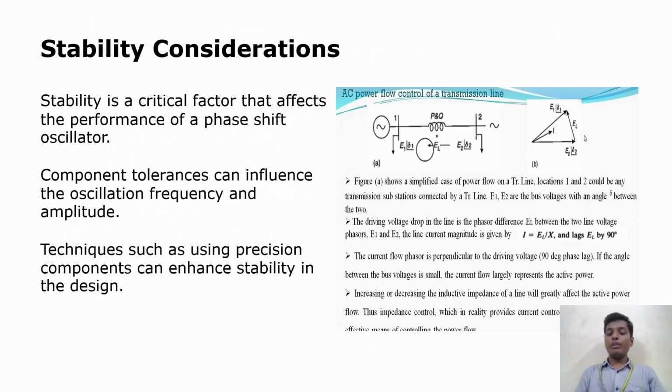If the angle between the bus voltages is small, the current flow largely represents the active power. Increasing or decreasing the inductive impedance of a line will greatly affect the active power flow. Thus, the impedance control, which in reality provides current control, can be the most cost-effective means of controlling the power flow.